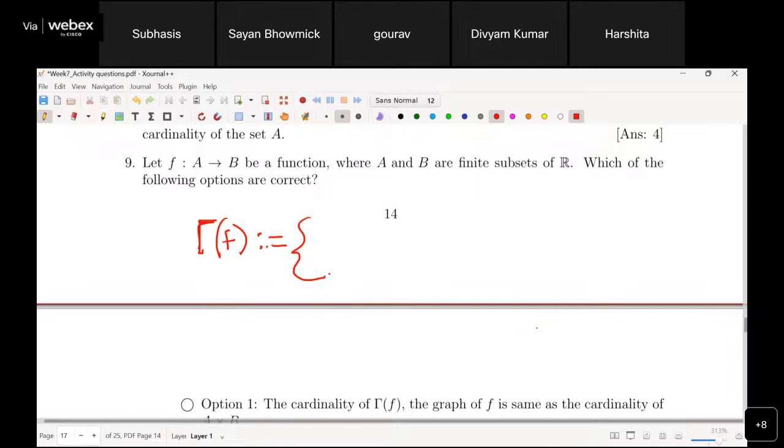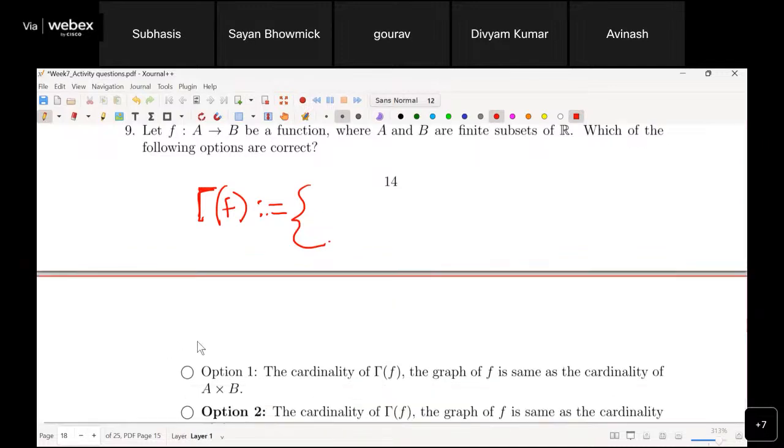Otherwise, if you don't know the definition, then certainly you can't solve question number 9. Hello? What is the definition of sigma? I'm not able to recall it, sir. Then try to recall it and probably you can ask in the next session. First try to understand what is sigma f. Then probably you can answer this question.